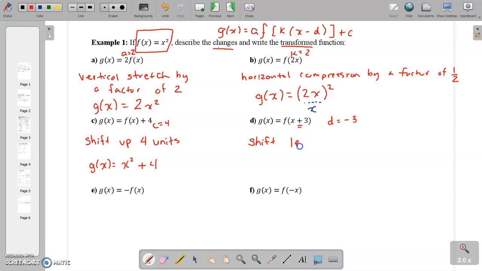So the transform function g of x would now be x plus 3 squared.